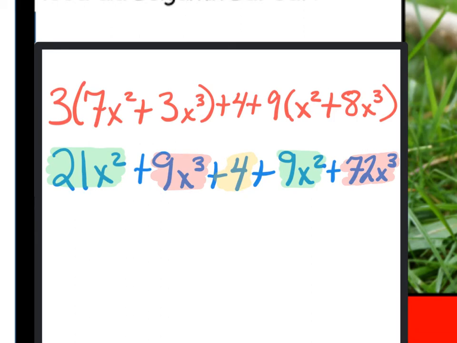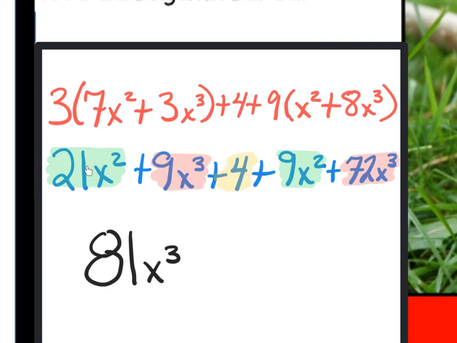So now I've got all my like terms highlighted with the same color, and now I'm ready to combine my like terms. I always like to start with my largest or strongest exponent. So I'm going to start with the x cubed, right? And I've got to take 9 plus 72, which will give me 81. And there we have it, 81x cubed for these two.